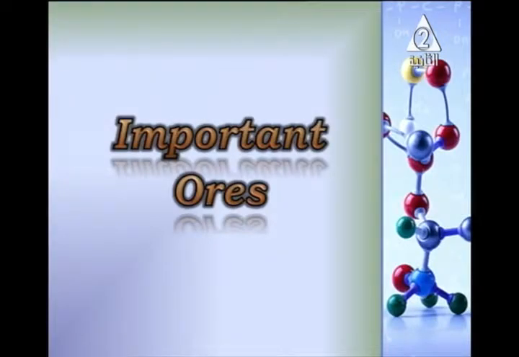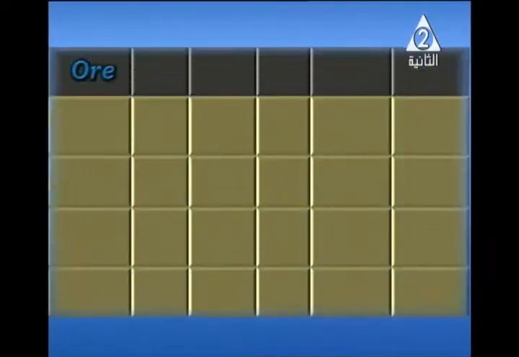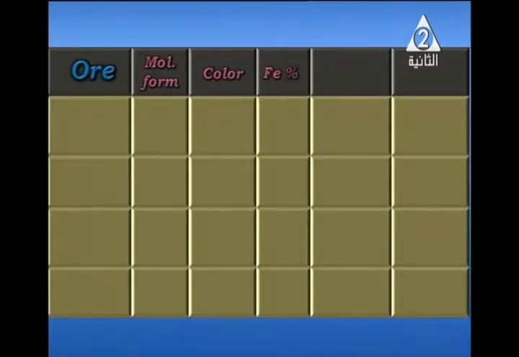Now, my dear students, we are going to discuss the important ores for iron. We are going to discuss the name of the ore and its molecular formula and its color and the percentage of iron in it and the property of iron ore and its occurrence.